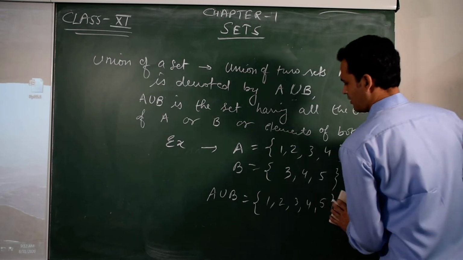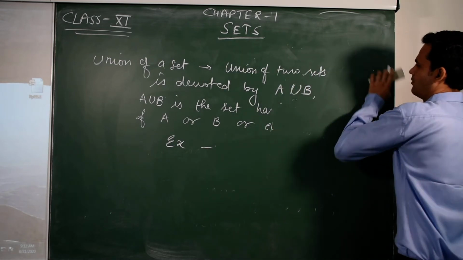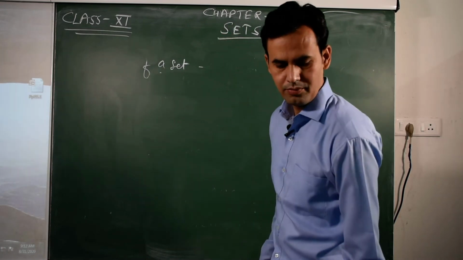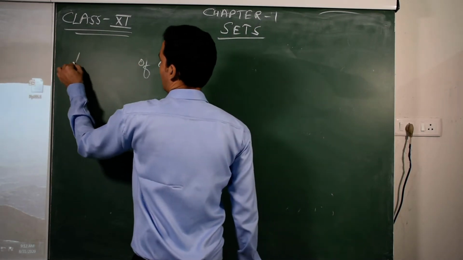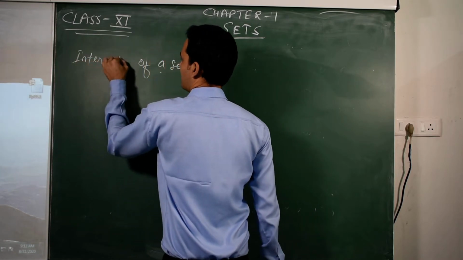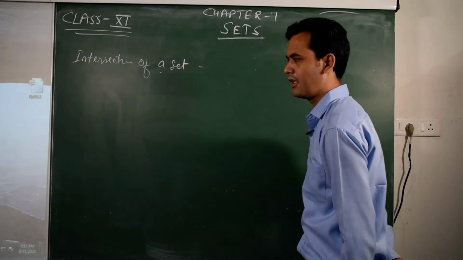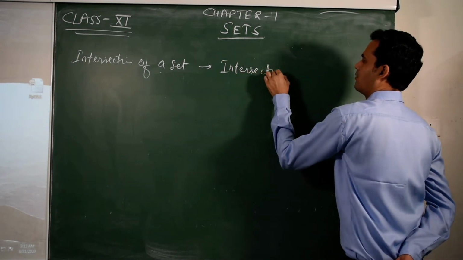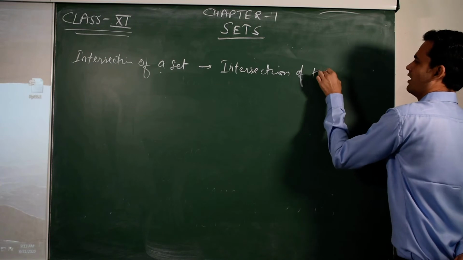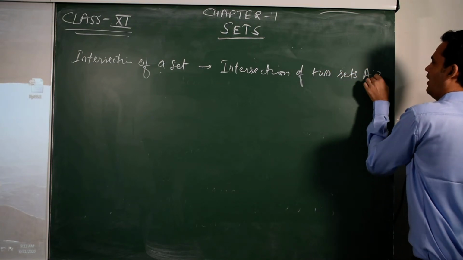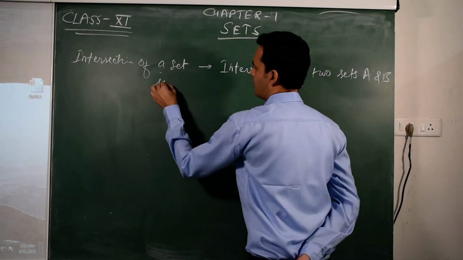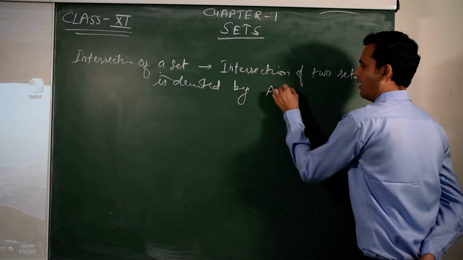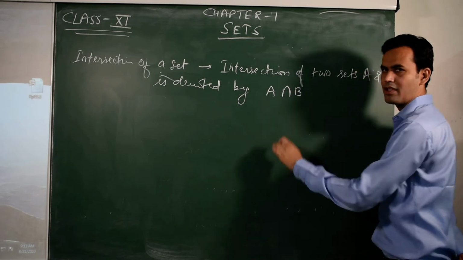Now next is intersection of a set. Intersection of two sets A and B is denoted by A intersection B. This is the sign of intersection.